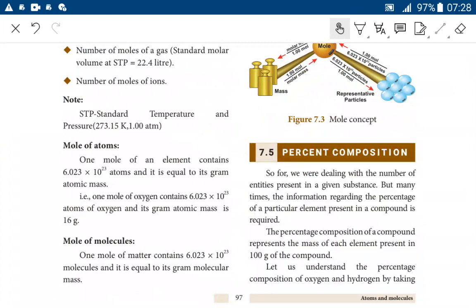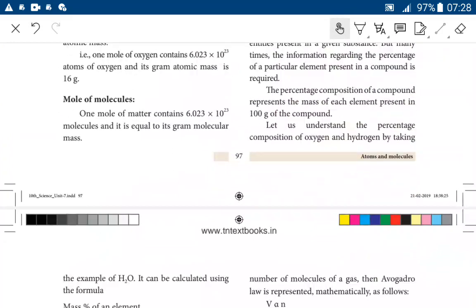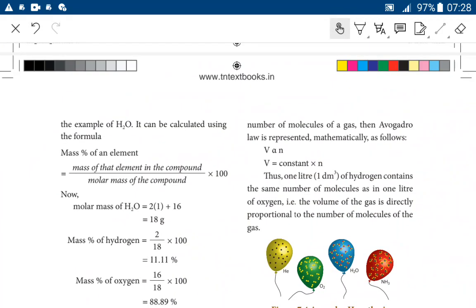Then how to calculate percent composition using the formula: mass percent of an element is equal to the mass of that element in the compound divided by the molar mass of the compound, into 100.